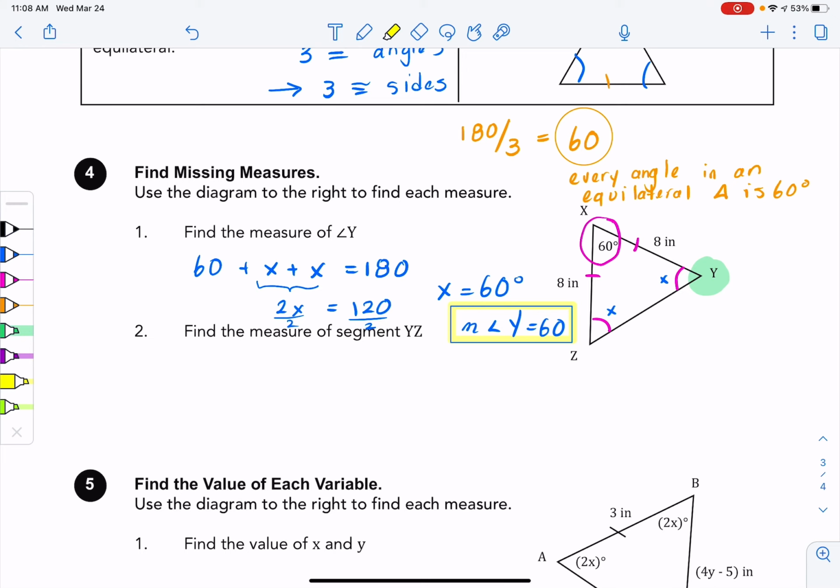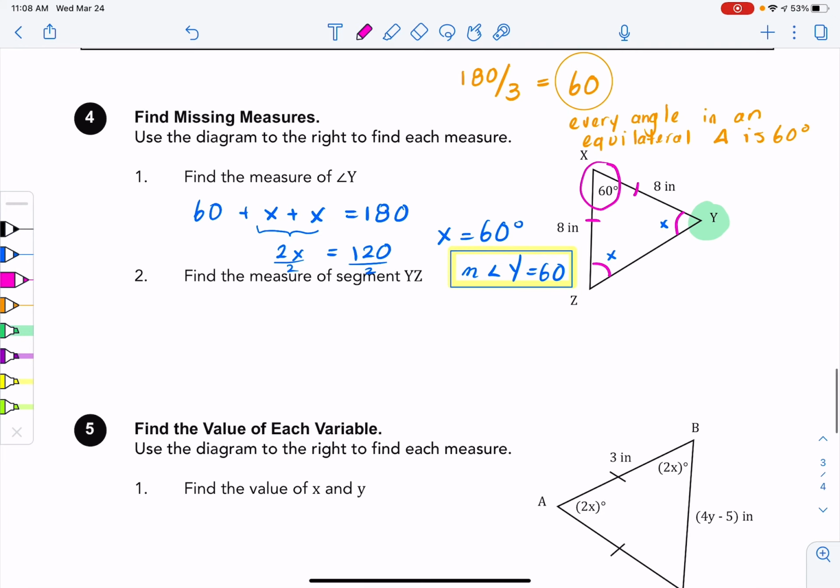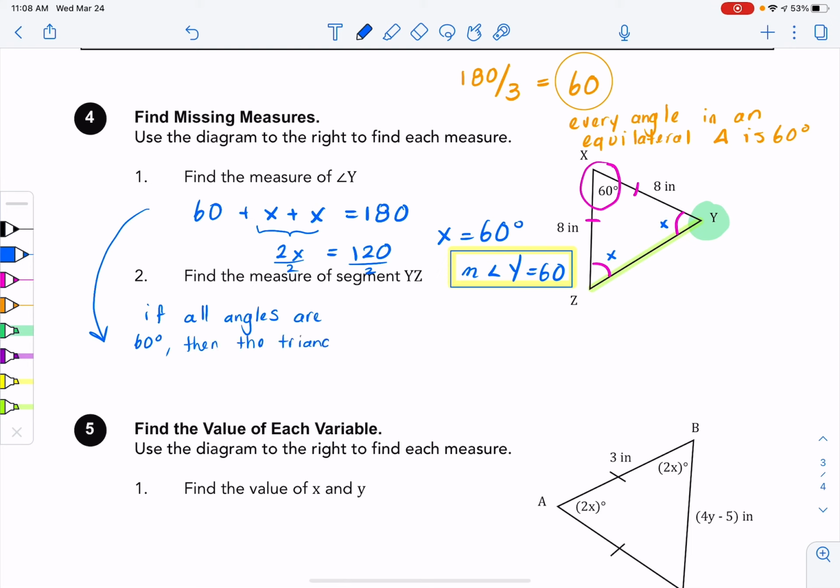Number 2 says to find the measure of segment YZ. Segment YZ is this segment here. Now, based on number 1, if all angles are 60 degrees, then the triangle is an equilateral, and therefore all sides are congruent.